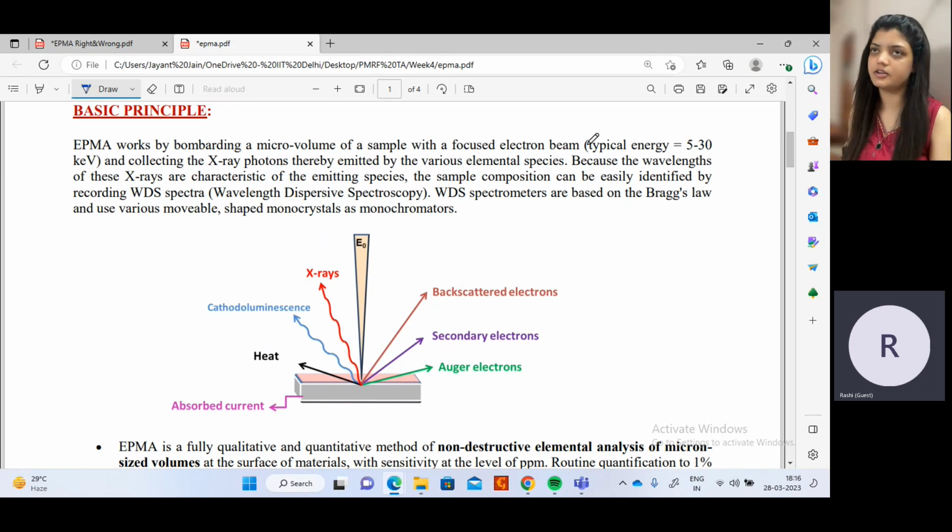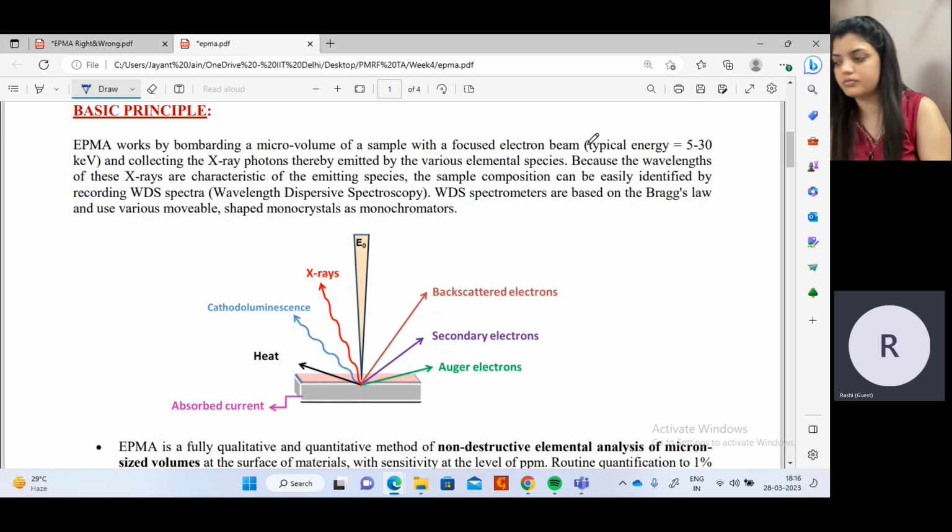All the imaging, secondary imaging, backscatter imaging, is just how we do it in SEM. The only difference is that instead of EDAX, WDS, wavelength dispersive spectroscopy, is used rather than energy dispersive.